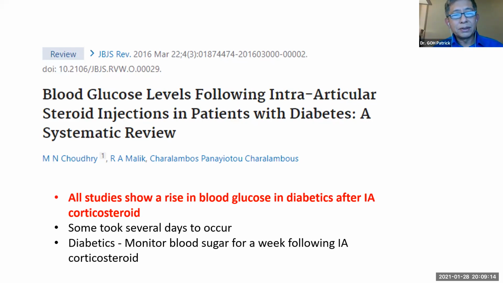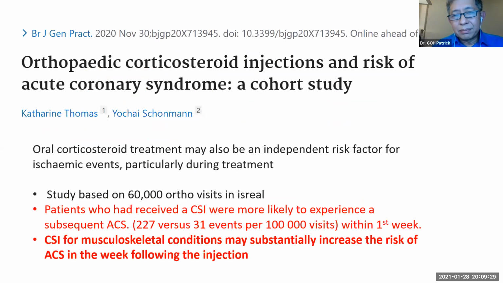And a lot of patients who have glucose monitors can do this on their own. So there have been instances where diabetic crisis has occurred following corticosteroid injections. So we have to be cautious in diabetics. And bear in mind, a lot of the osteoarthritic age people are diabetic.